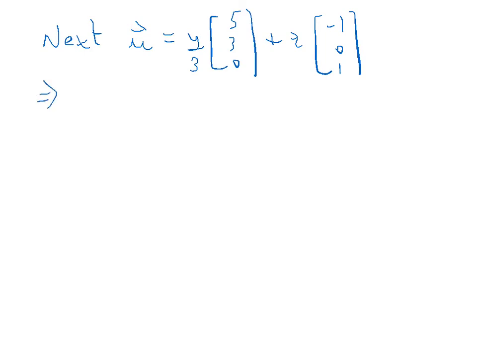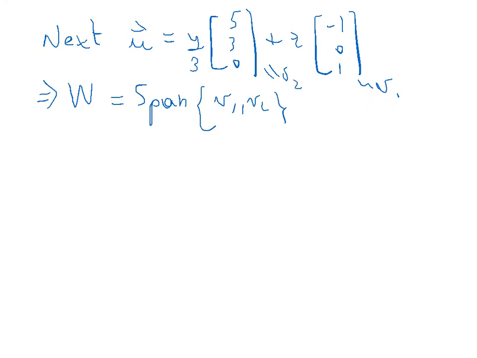Therefore, it follows that the plane W is equal to the span of two vectors. Let's call them v1 and v2, where v1 is the vector -1, 0, 1, and v2 is the vector 5, 3, 0.